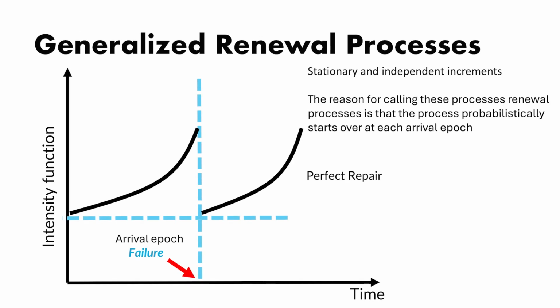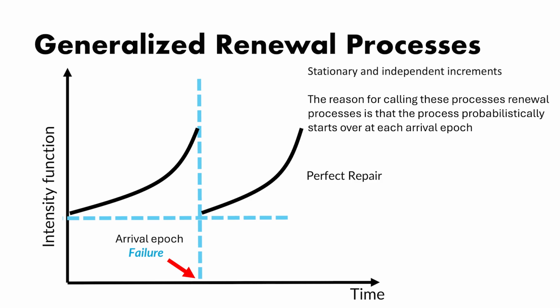To model the behavior of repairable systems that have perfect repairs, we can use renewal processes or generalized renewal processes. And for that, we need to guarantee that the increments are stationary and independent, and that there is kind of like a reset of the distribution after an arrival epoch.